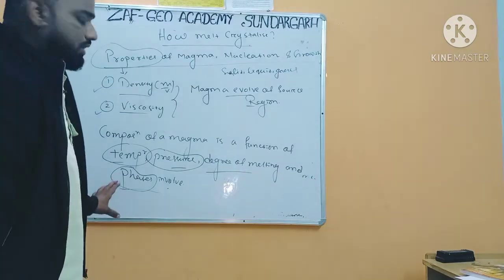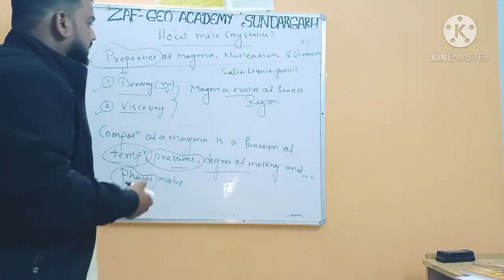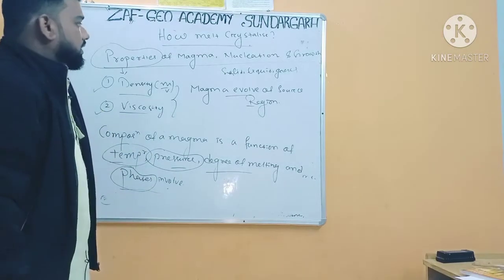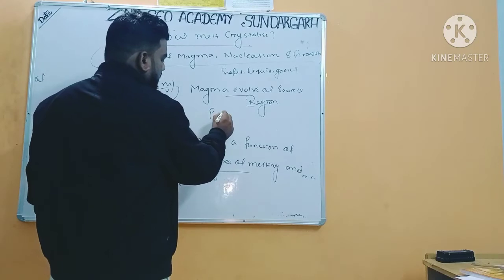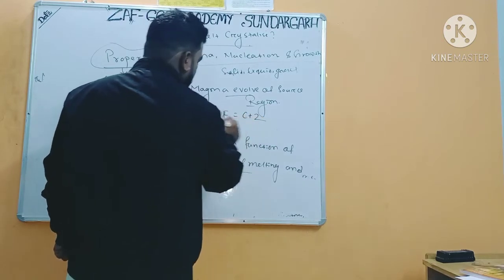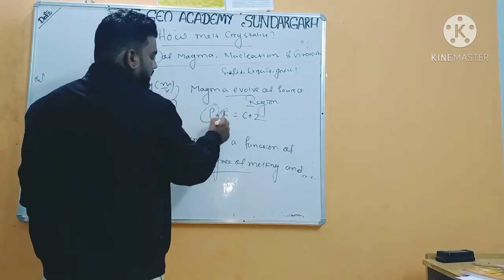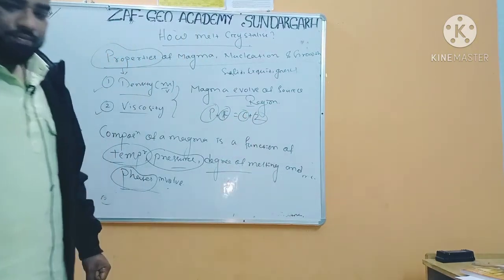I will deal with this in detail when I get to the phase rule. You know the phase rule: P plus F is equal to C plus 2. P is the phase, F is the degree of freedom, C is the components, and 2 is the constant quantity.